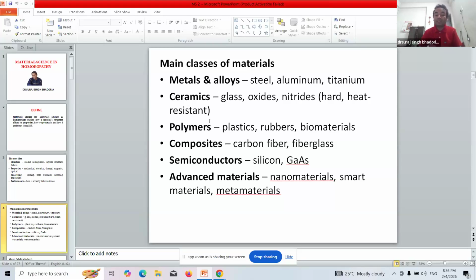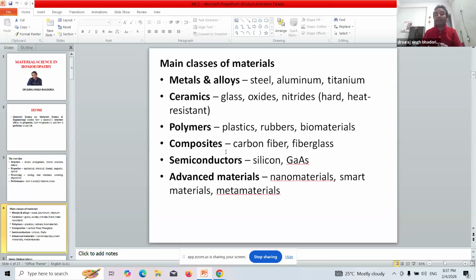Generally polymers are plastics, rubbers, biomaterials. These are used for flexibility. These are used when we want motility, when we want movement, when we want some flexibility in the materials. So these are the polymers. The next is the composites. Generally composites are always made by the carbon element, their fibrous glass material. So these are the carbon element.